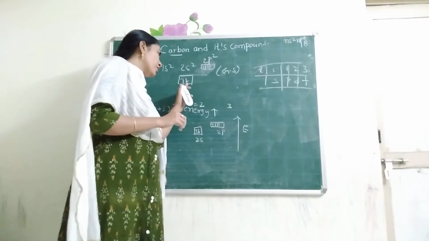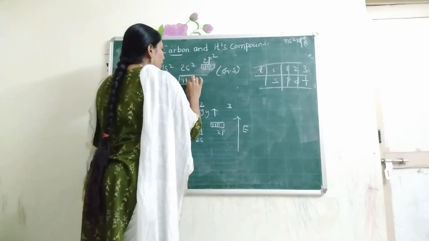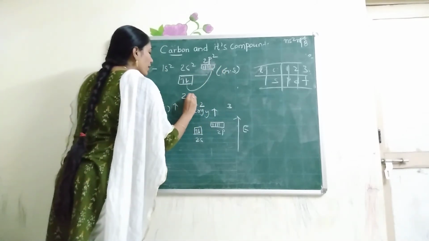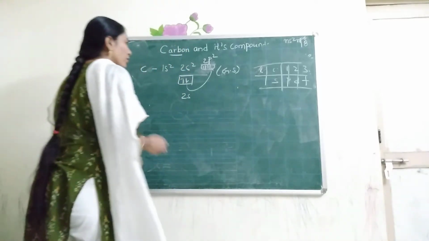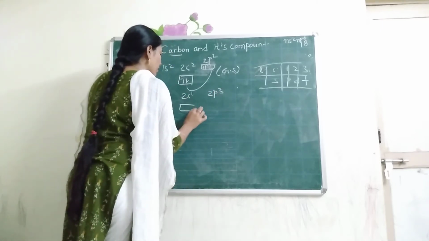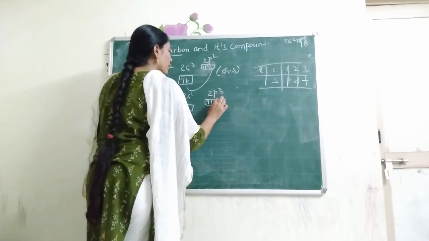If I supply energy to the electron in the s orbital, then what happens? It jumps from here to here. That means the configuration becomes 2s1, 2p3. Here 1 electron, here 3 electrons.